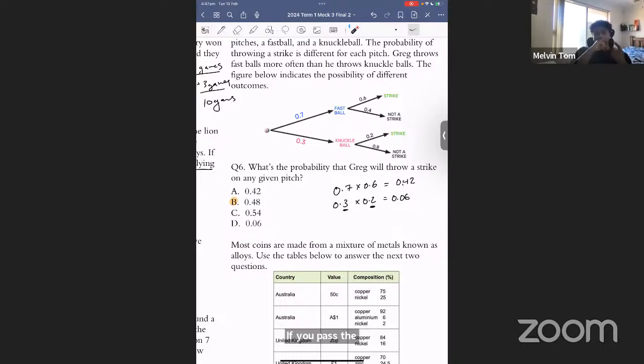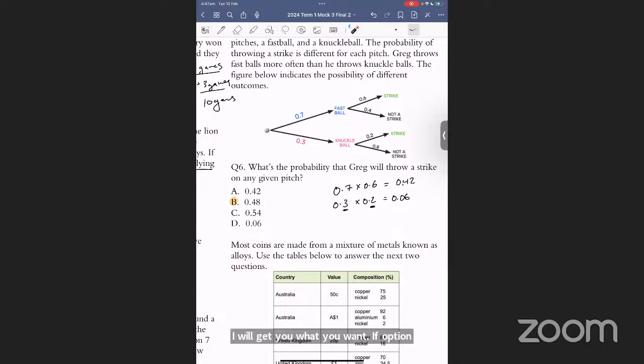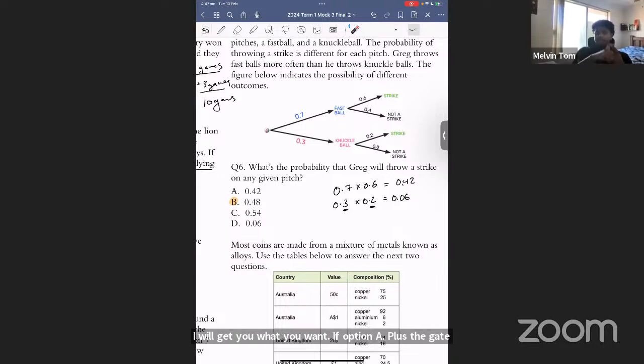Option 1: I will get you what you want if you pass the GATE exam and Melvin shaves off his eyebrows. Option 2: I'll get you whatever you want if you pass the GATE exam or Melvin shaves off his eyebrows. Which option is better?